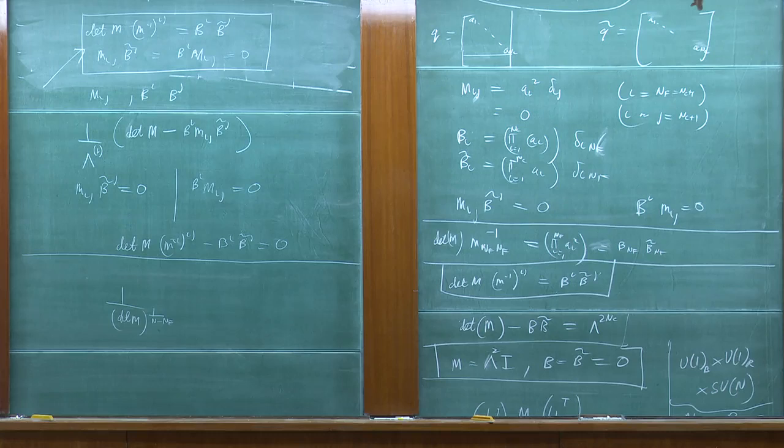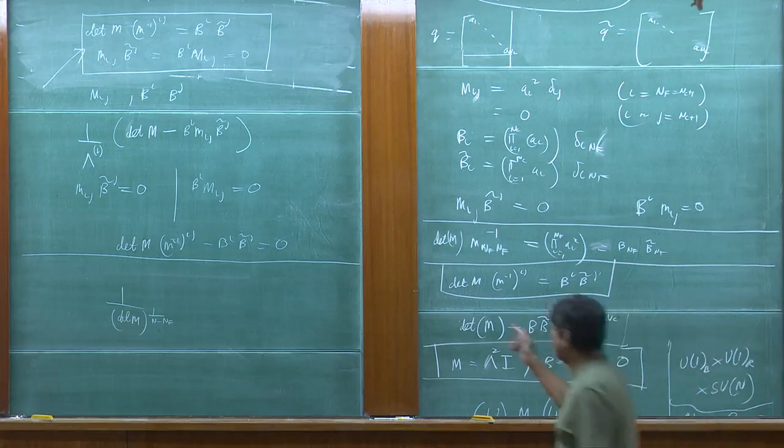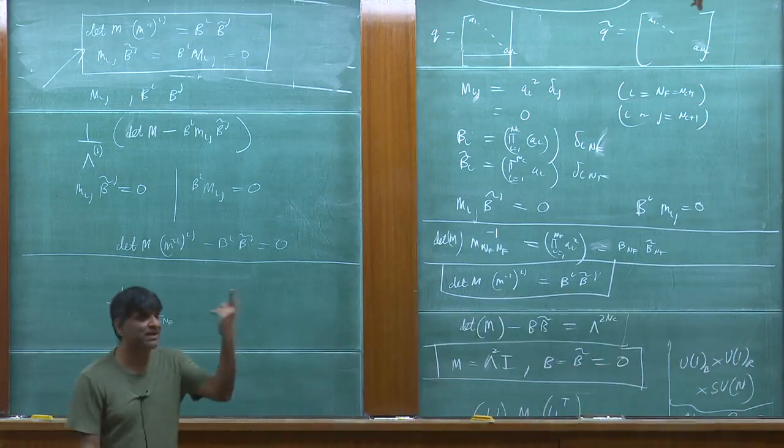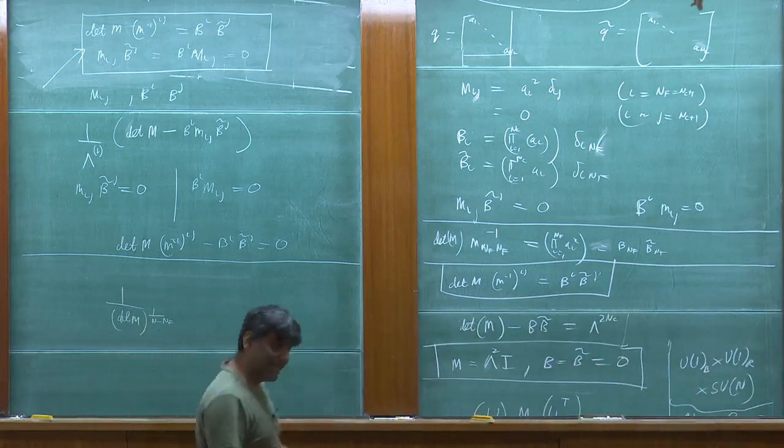Okay? Now, if I want to make something SU(NF) times SU(NF) invariant, there are basically two choices. There's det M, and there's B tilde B i, M ij, B tilde j. Right? Okay? So there is another thing that we could have written, which was this B tilde M B. Let's check the charges of that.